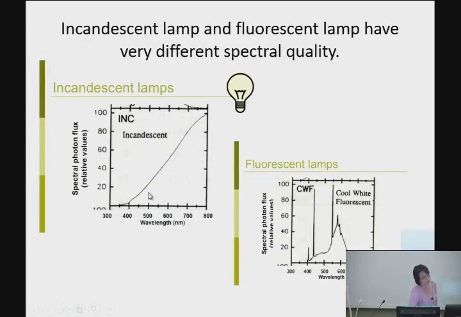So that's the incandescent lamp. Fluorescent tubes, this is a traditional cool white fluorescent tube, and other electric lights usually do not have a far red component. 700 to 800 is far red. Remember from the Wednesday lecture? Red is 600 to 700, far red is 700 to 800. If you look at the spectrum of electric lighting, not the incandescent, but the white lighting, it doesn't have far red.